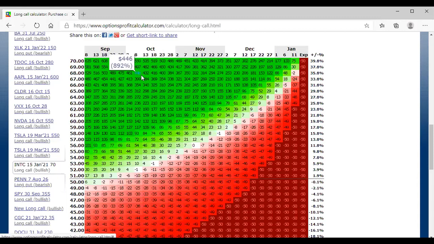But when you have stuff like this, you see, when you're up here in your profits, or let's take something more achievable, right? So you're up here at 388 and you're riding it out. You need to set yourself a mental stop loss. Like, if I get to 300%, I'm selling.